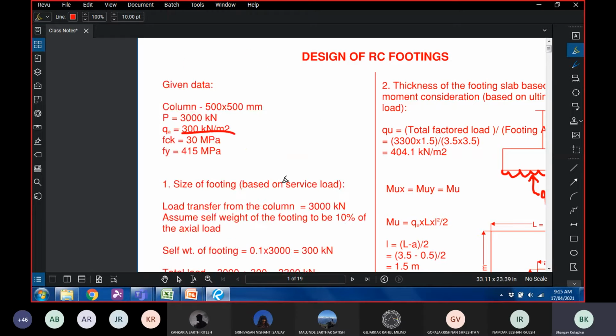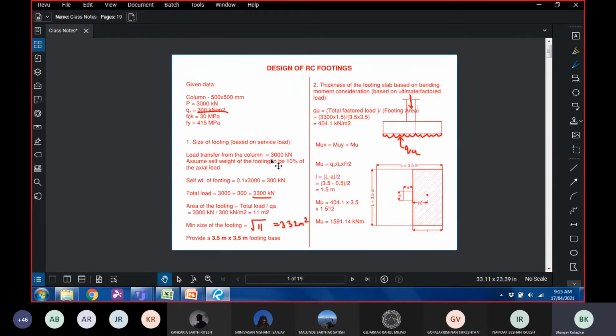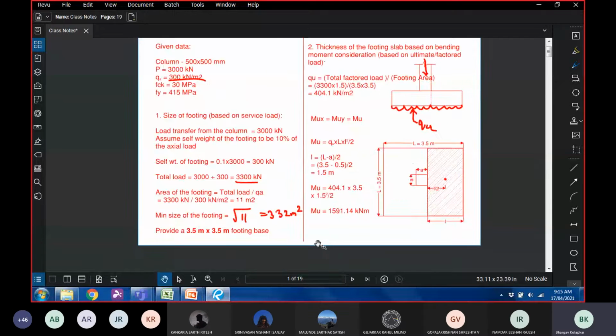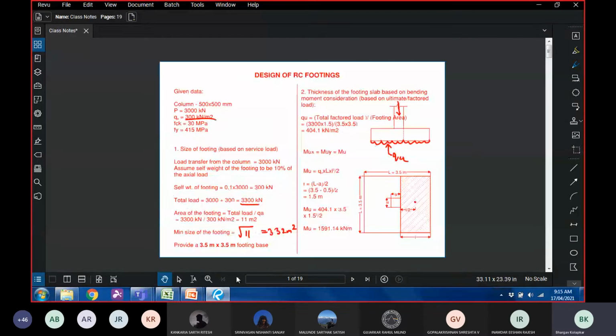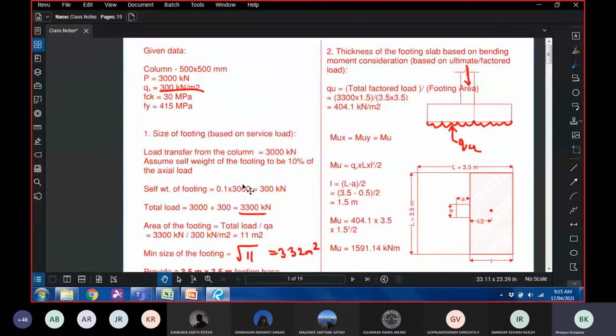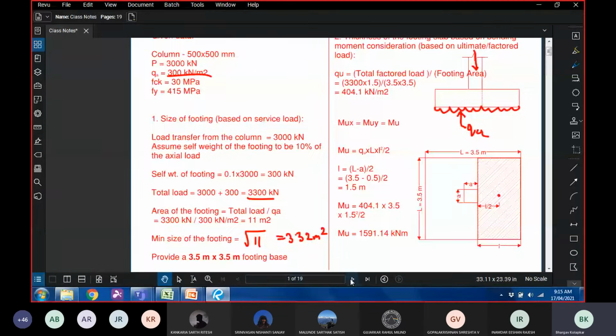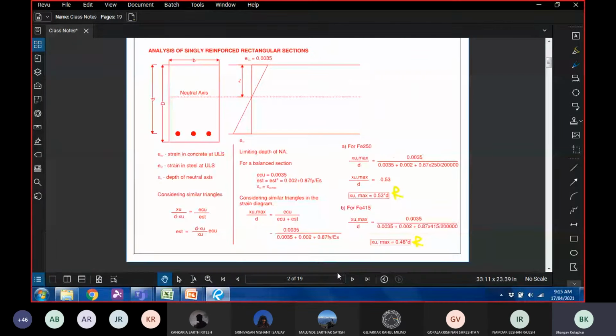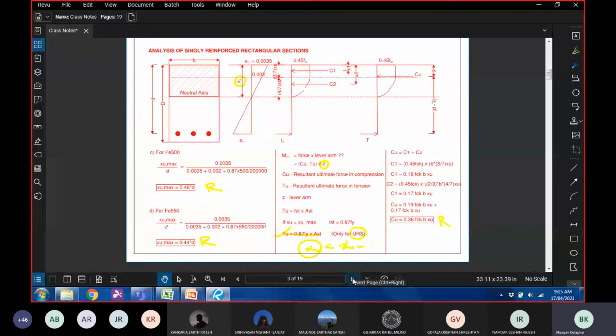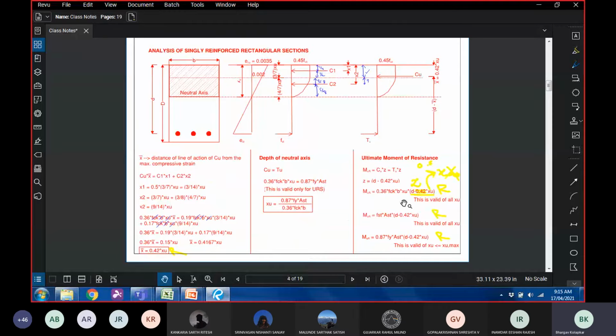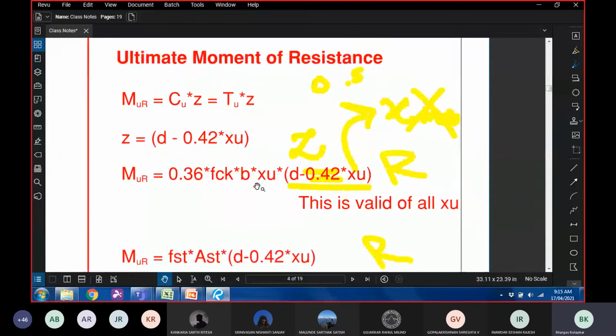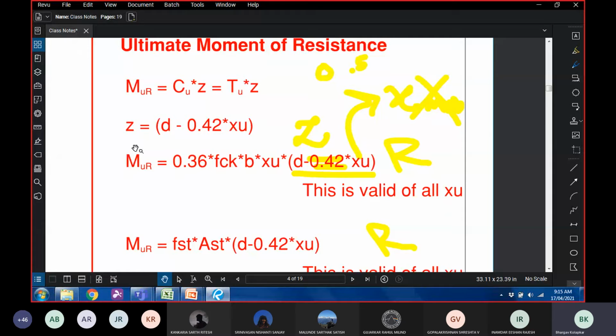Now, if I go back to the formula of moment, here. So we know how to find out moment.